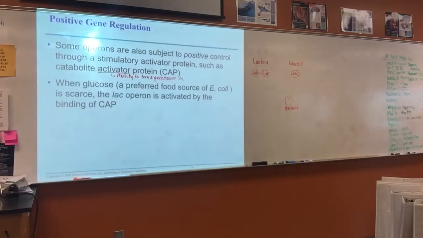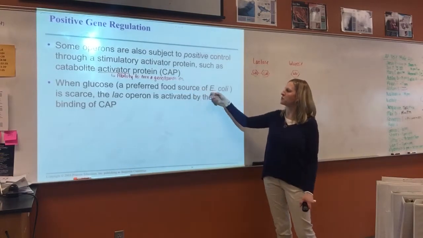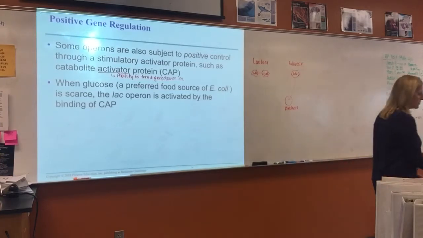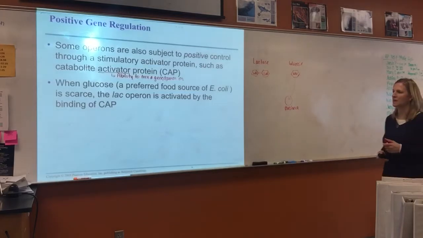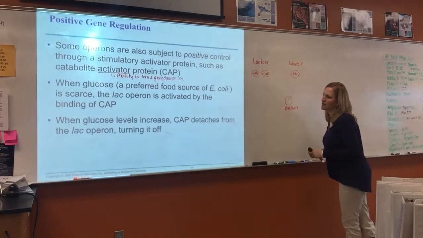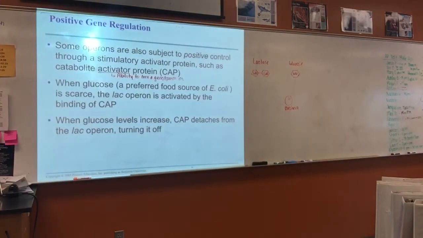So, as I was talking about with the bacteria, with the choices of lactose and glucose, when glucose, a preferred source of E. coli, a type of bacteria, is scarce, the Lac Operon is activated by the binding of this CAP protein. When glucose levels increase, the CAP detaches from the Lac Operon, turning it off.